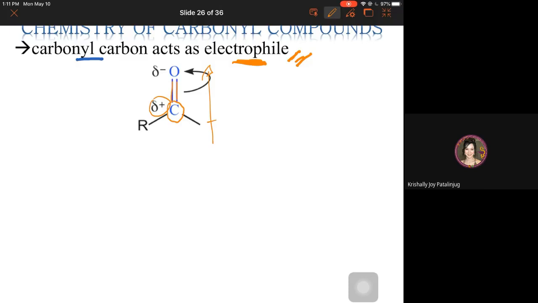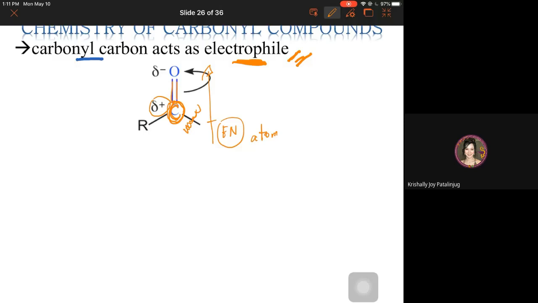Now, there are carbonyl compounds that make this carbonyl carbon much more electron poor, making it a very good substrate for a nucleophile. How? If another electronegative atom is bonded directly to this part, that could further pull electrons from the carbonyl carbon.